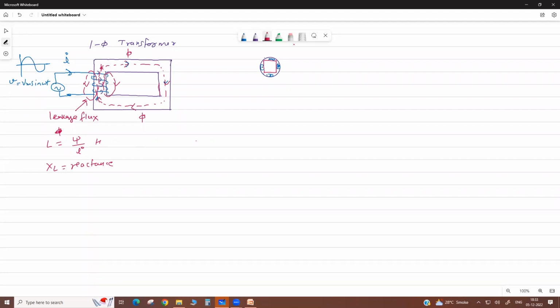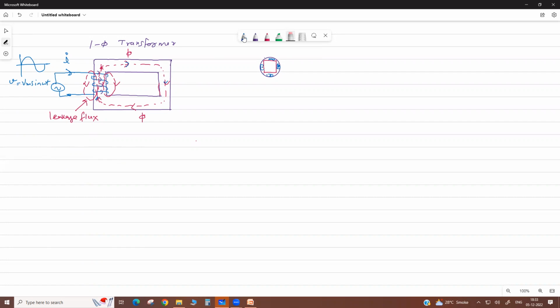So if there is a leakage flux, there is a leakage reactance. Got it? The reason I am putting this is that your question asks how we reduce the leakage flux, the leakage magnetic field, and how it impacts the performance of the transformer.